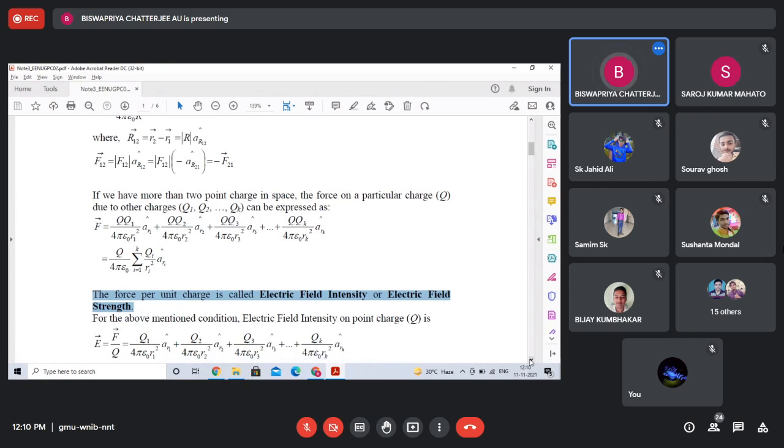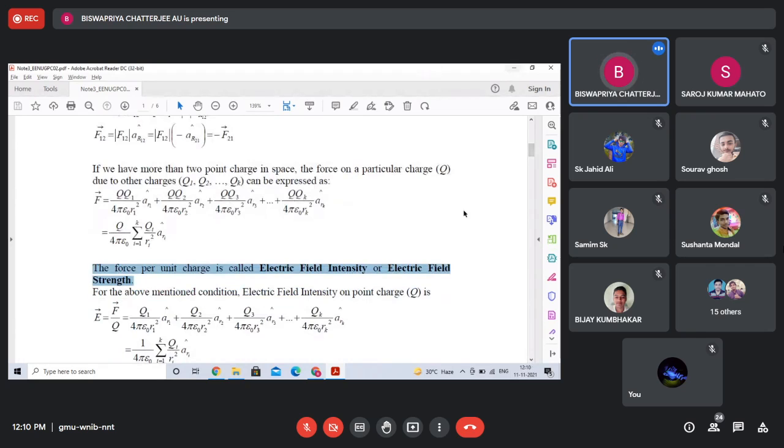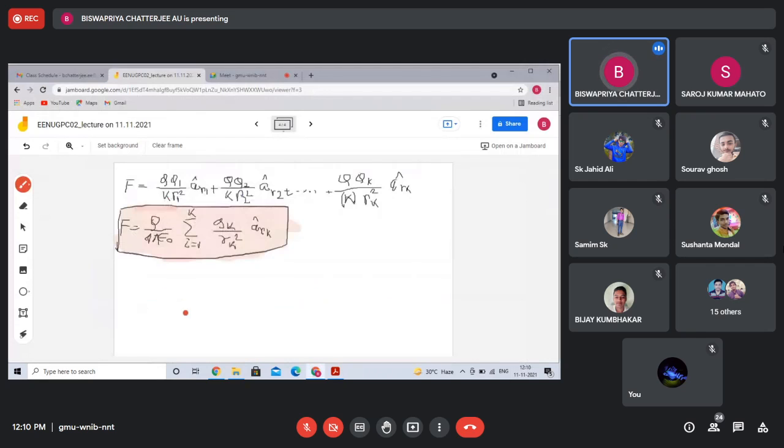So if the force per unit charge is electric field strength, from this expression, what will be the force per unit charge? It will be F by Q. Symbolically, we retain this as E, the electric field intensity or electric field strength.